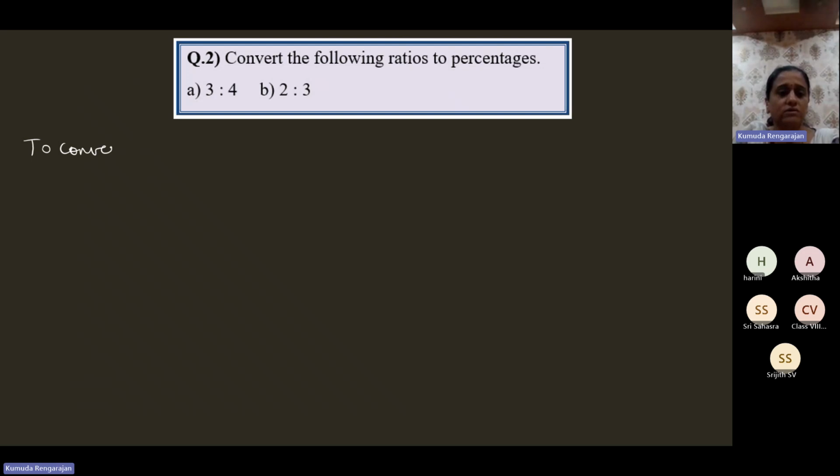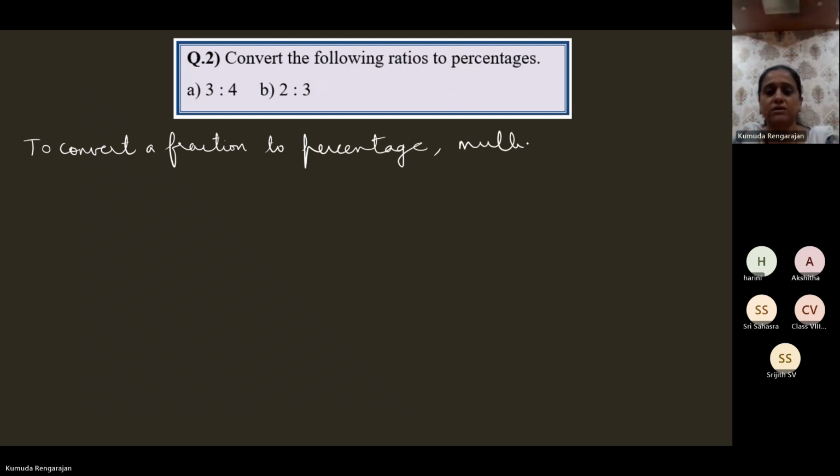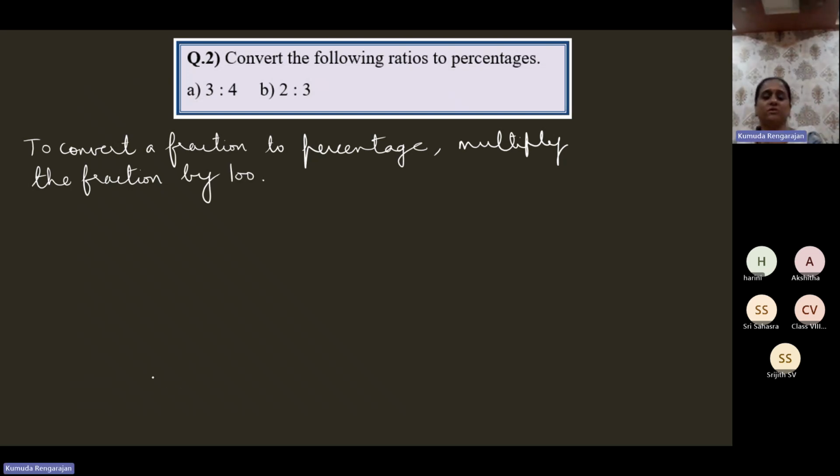To convert a fraction to percentage, multiply the fraction by 100. If you have a fraction and you need to convert it to a percentage, multiply the fraction by 100.